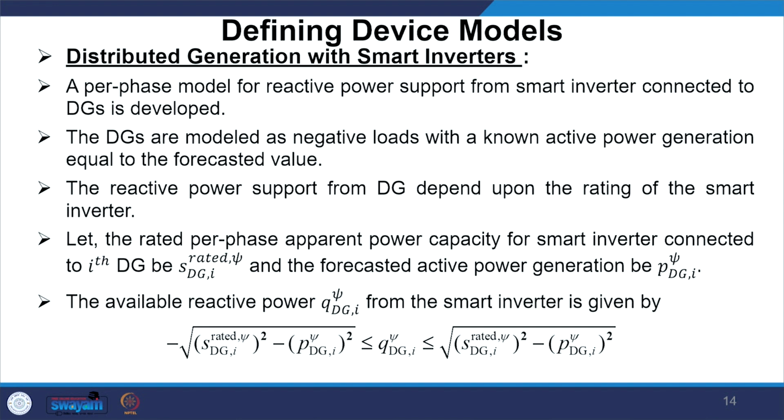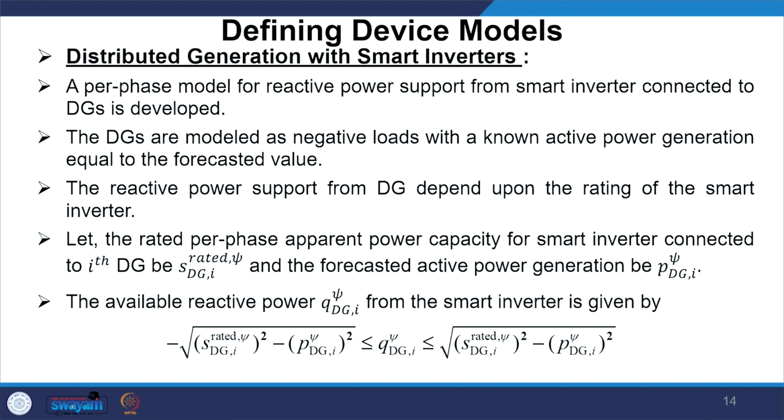Now, the reactive power support from the DG depends upon the rating of the smart inverter. Let the rated per phase apparent power capacity for the smart inverter connected to the ith DG be considered as SDGi rated psi, and the forecasted active generation be PDGi psi.